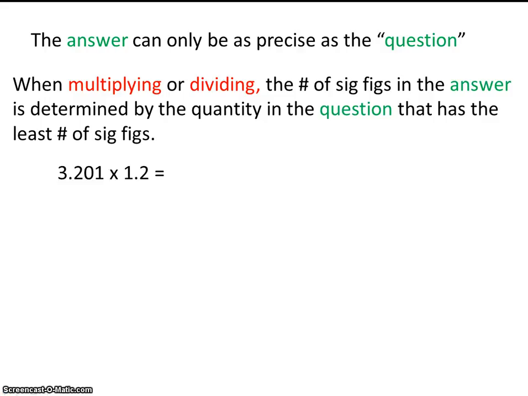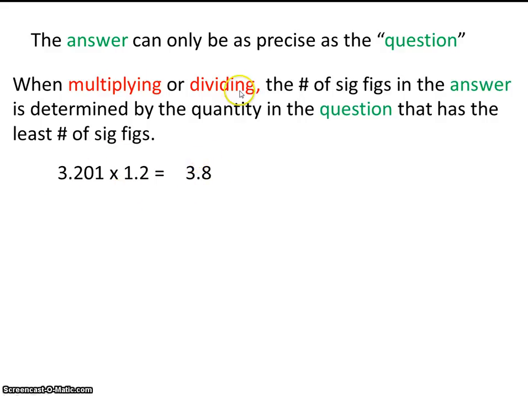I think an example problem might help clear this up. So let's say we're multiplying 3.201 times 1.2. So our answer would be 3.8. So when I talk about the answer in the question, I'm referring to this as the answer, and I'm referring to these as the question.